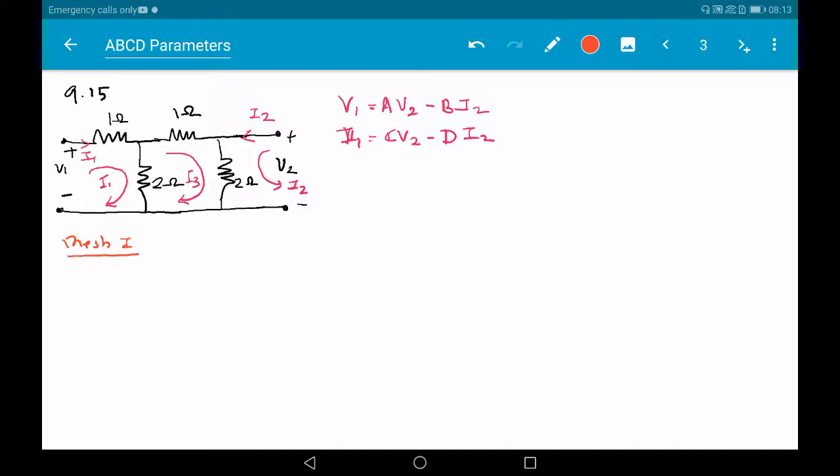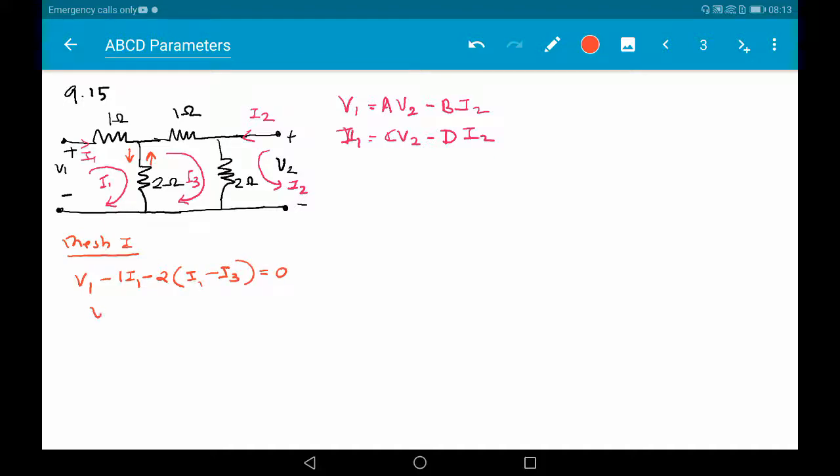Mesh 1 equation. We can see that I1 is entering the minus of V1 in mesh 1. Therefore, minus V1. Then through the 1 ohm resistor only I1 is flowing, so 1 I1. And through the 2 ohm resistor I1 and I3 are flowing, but I1 in this direction and I3 just opposite, so 2 times (I1 minus I3) equals 0.